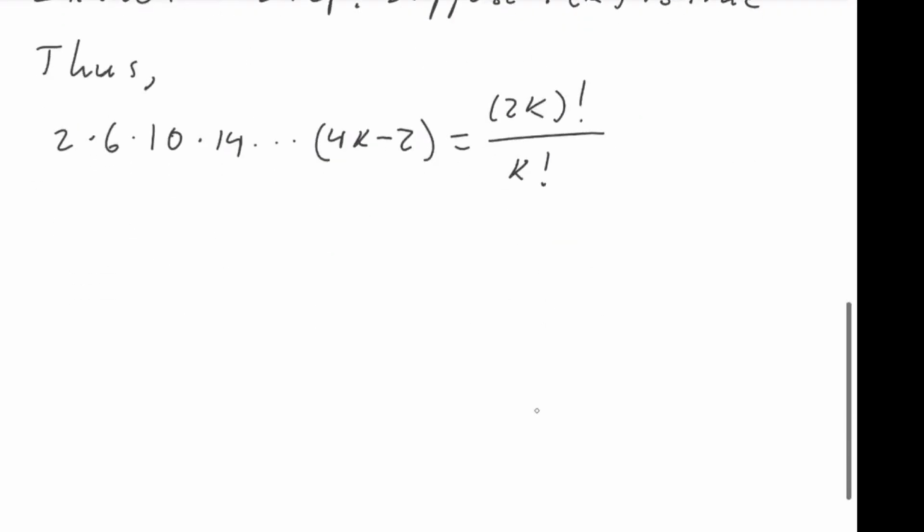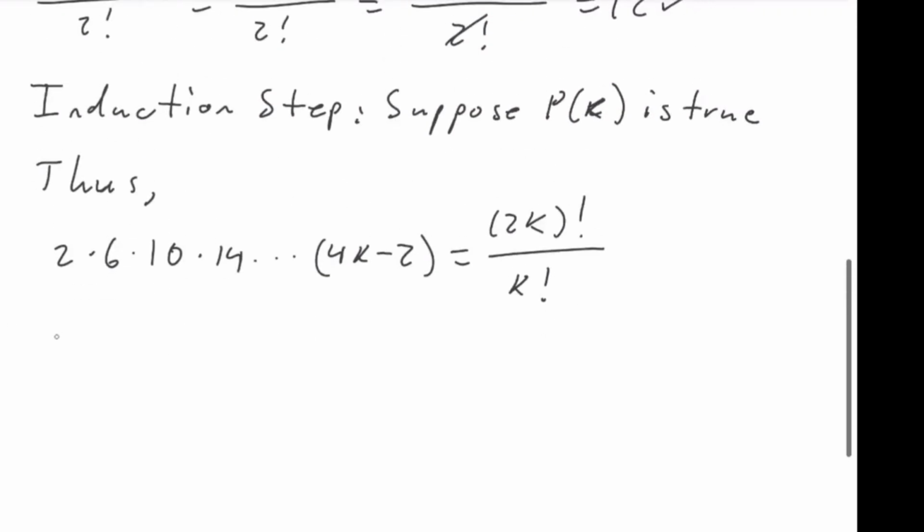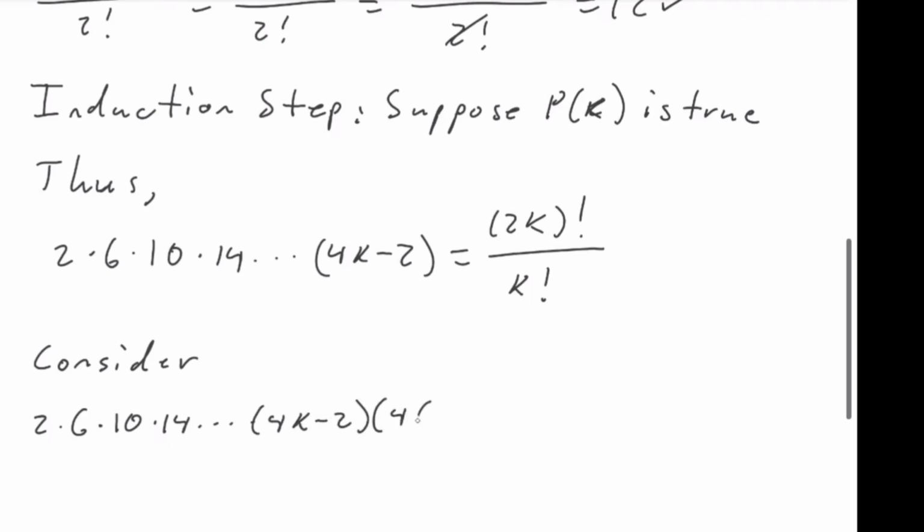All right. So let's consider 2 times 6 times 10 times 14 times the 4k minus 2, and then 4 times k plus 1 minus 2.